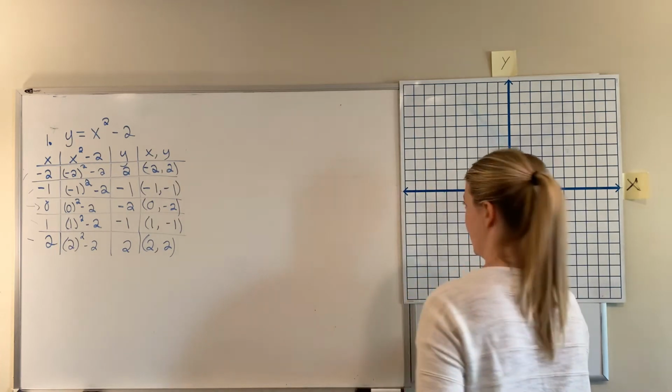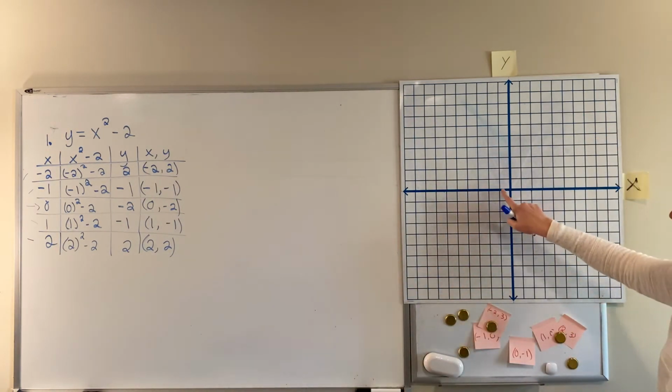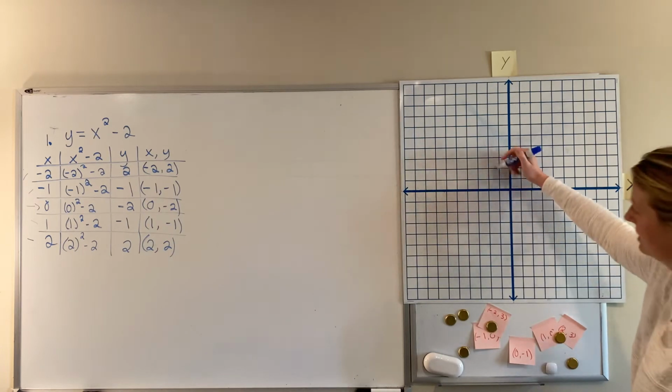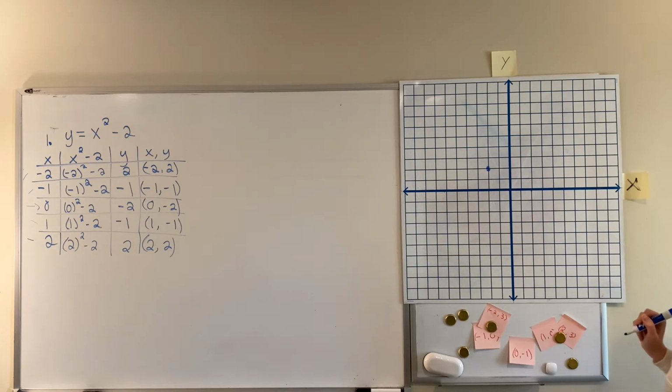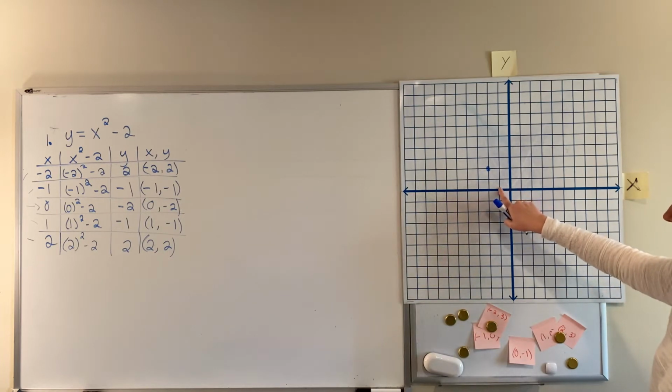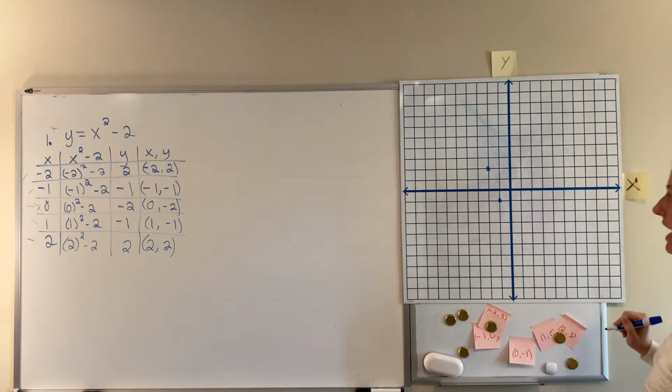So coming over here, our first point is -2, 2. So when x is -2, y is +2. Put your point right there. Next one, negative 1, negative 1. So when x is negative 1, y is negative 1. So we go down 1.